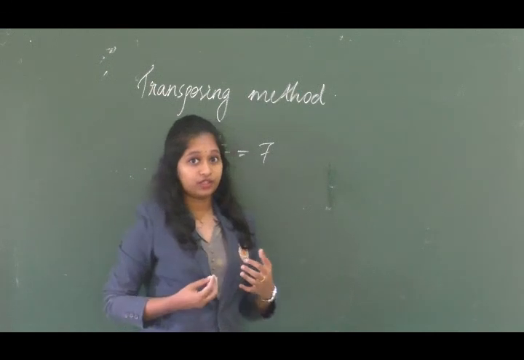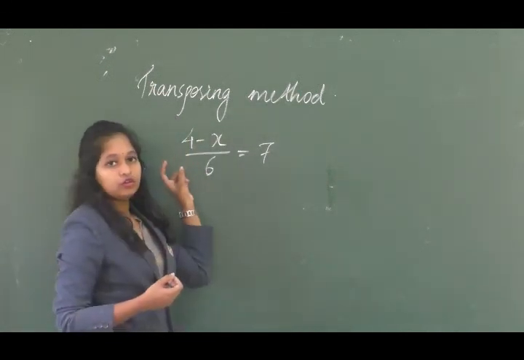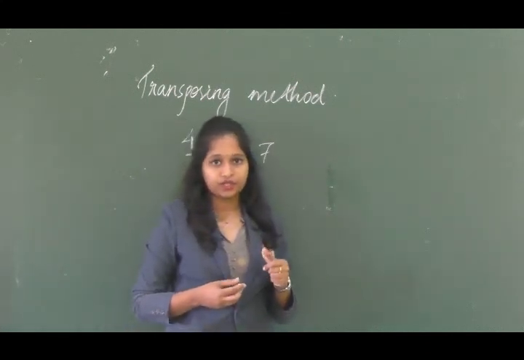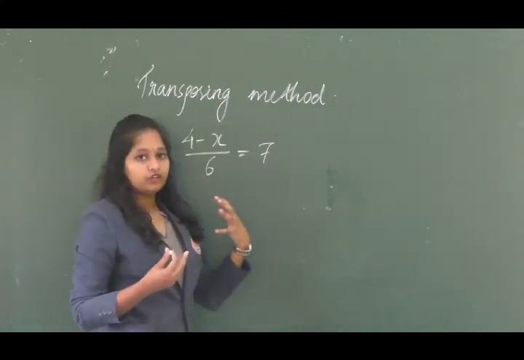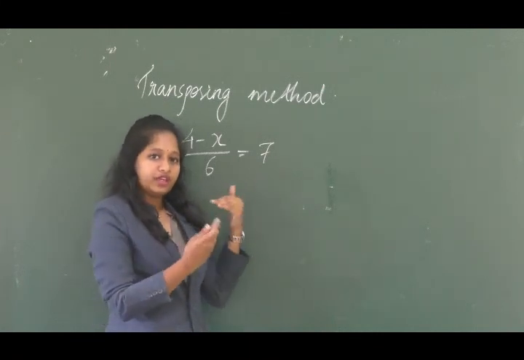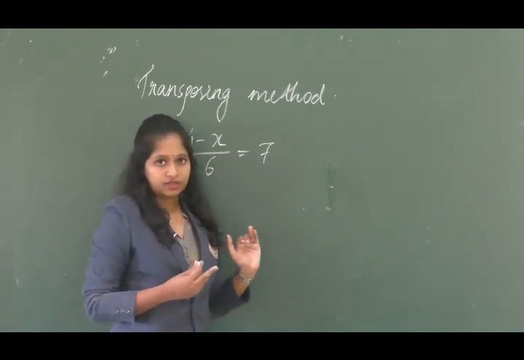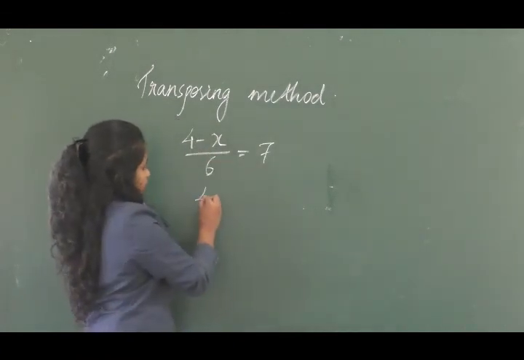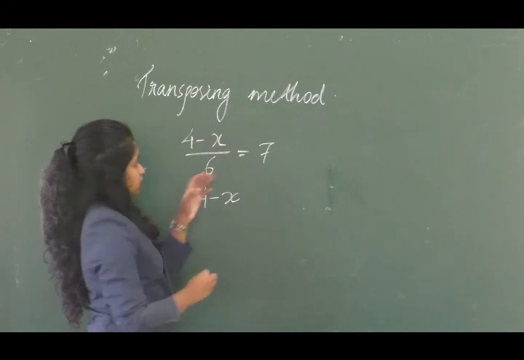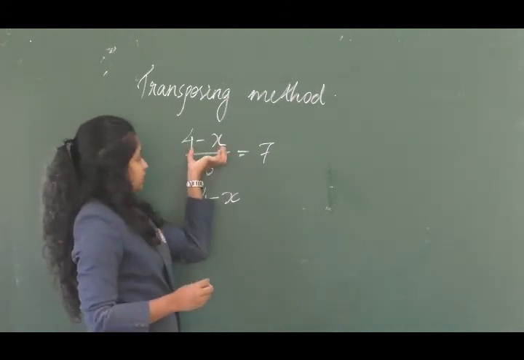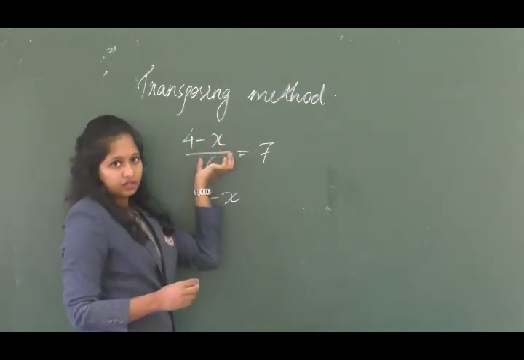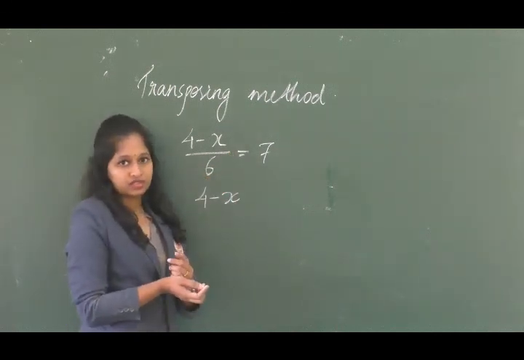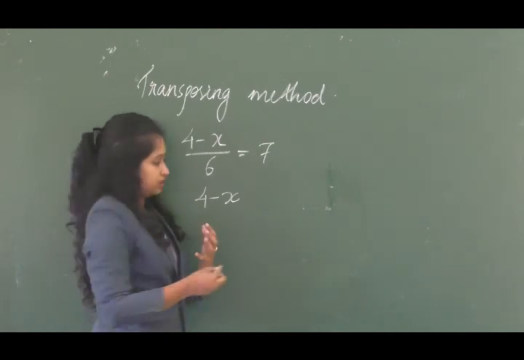So listen carefully. Okay? Here I have 4 minus x by 6 equal to 7. Now we have to place the variable in the LHS always. Remember that. Okay? Now we have to place the numerator here as it is, and in the denominator we have 6. So it is by 6.